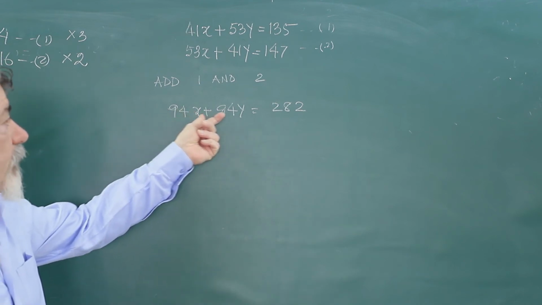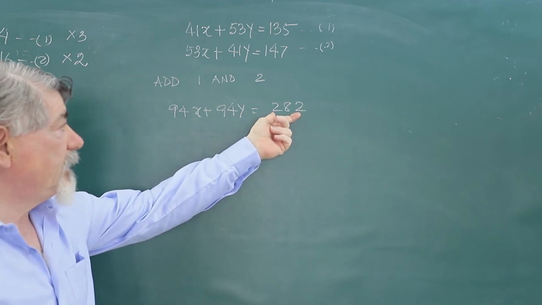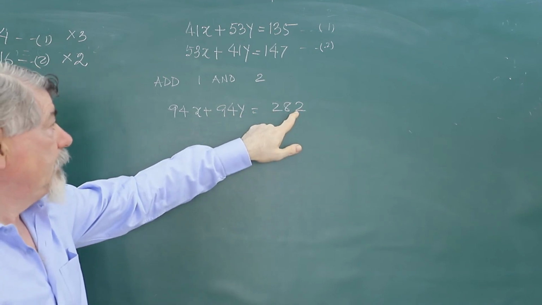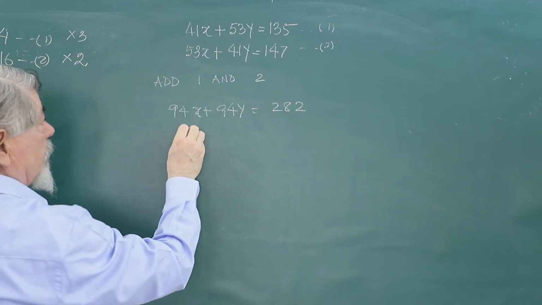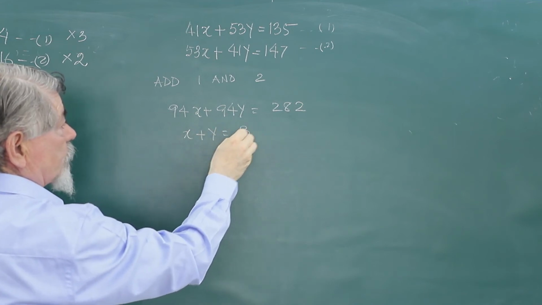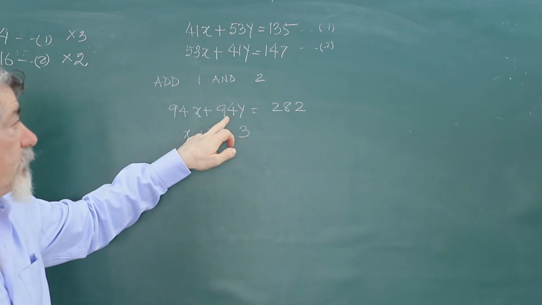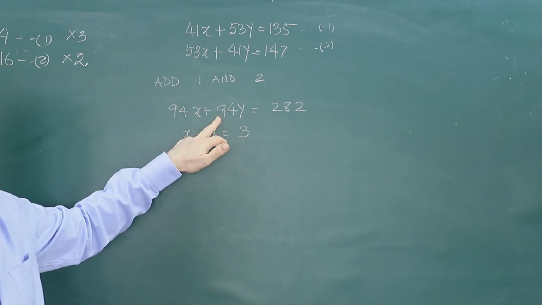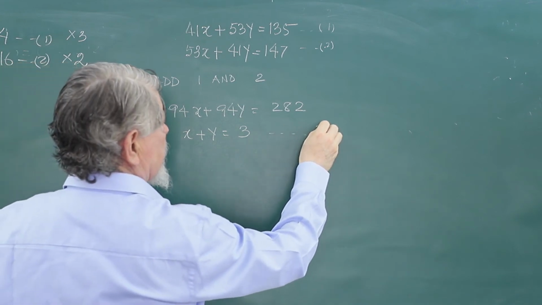Like it is 94, it will be divisible by 94, and obviously the right side will also be divisible by 94. If you divide it by 94, you will get x plus y is equal to 3. 282 by 94 will be 3. So this is equation 3.